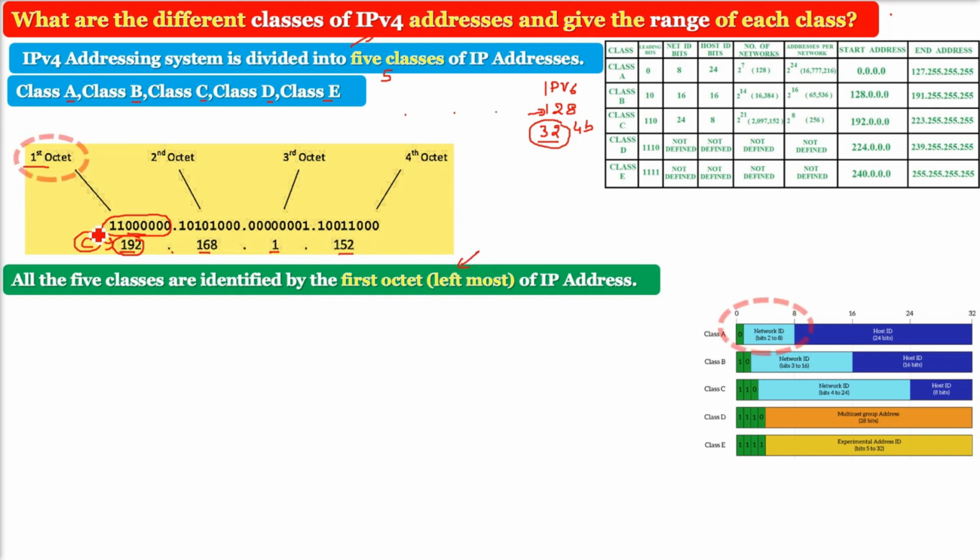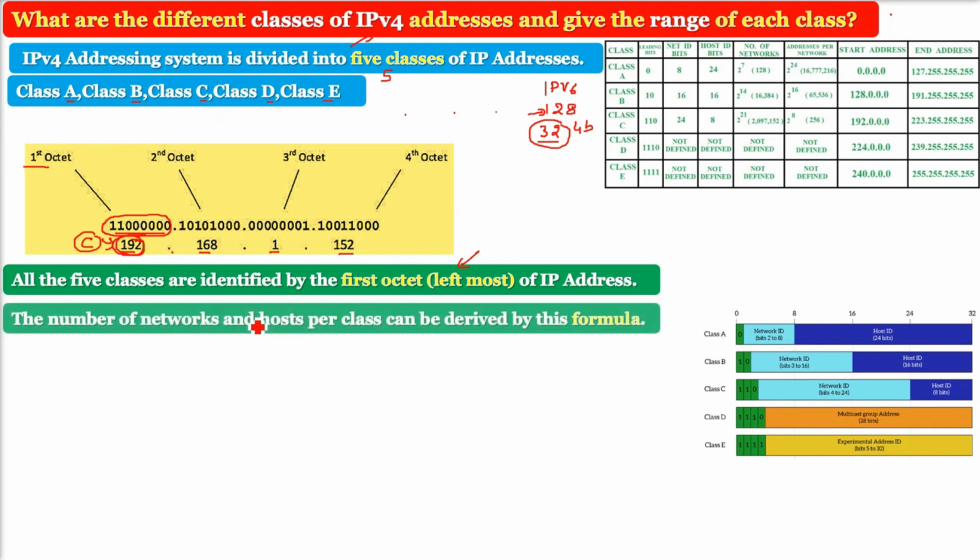The classes are identified by this number. Which bit is fixed decides which class we are talking about. Please understand, class A to E all depends on the first octet.